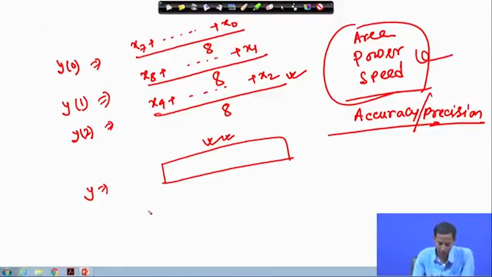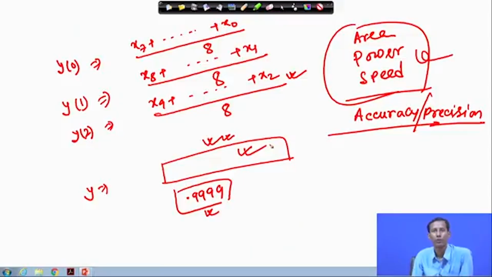Suppose this 0.999 value. Can I represent this 0.999 value using binary numbers? Because a binary number takes only 0 or 1. So, how can I represent this 0.999 number? I cannot. Why do I need to do this?